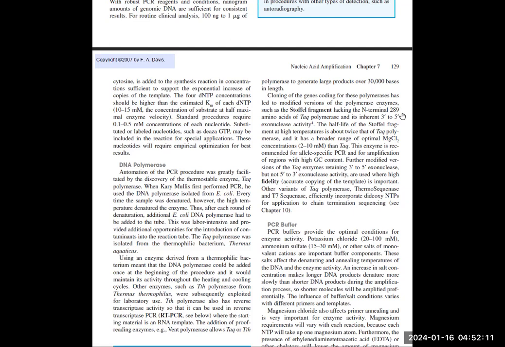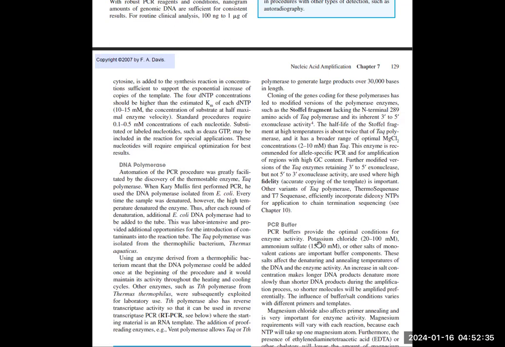So the Stoffel fragment's half-life at high temperatures is about twice that of our Taq polymerase, and it has a broader range of optimal magnesium chloride concentration. So if we are doing allele-specific PCR, then our Stoffel fragment is the best for that.